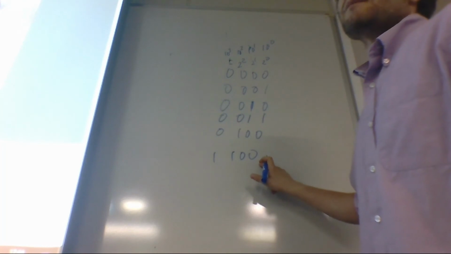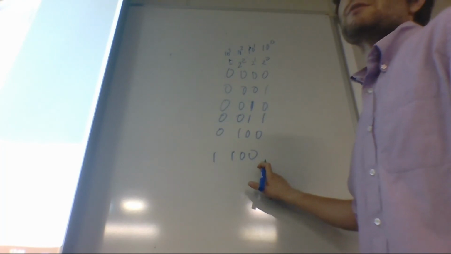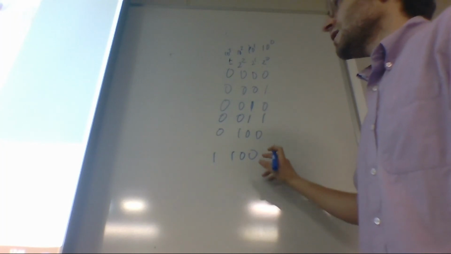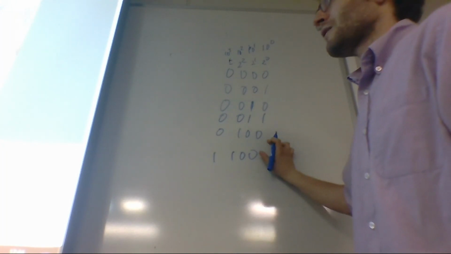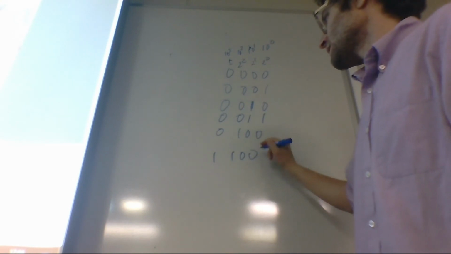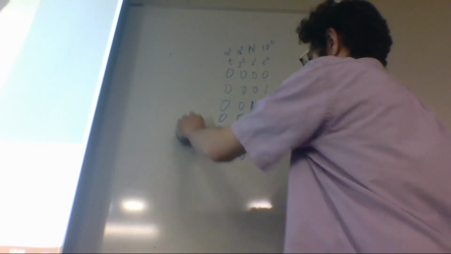But this makes it very hard for your computer to do any kind of math with it. If I add positive 4 and negative 4, the result should be 0. Let's go ahead and show you.